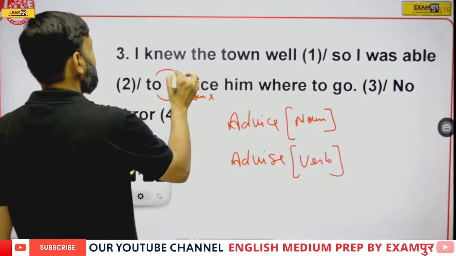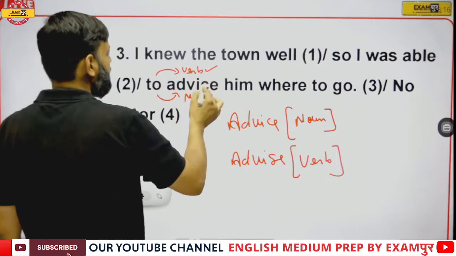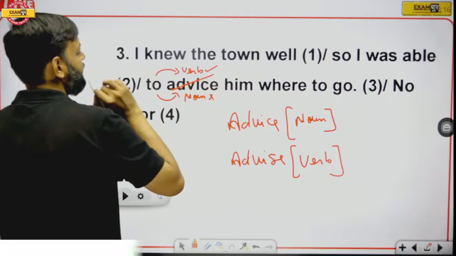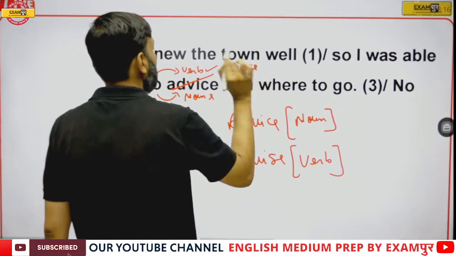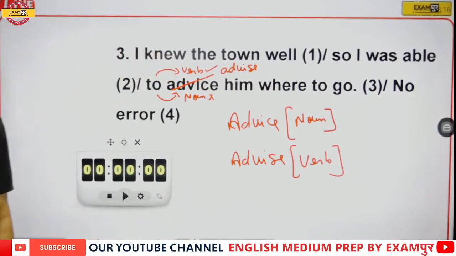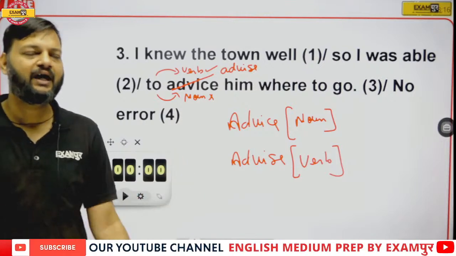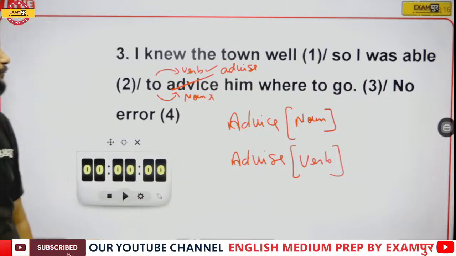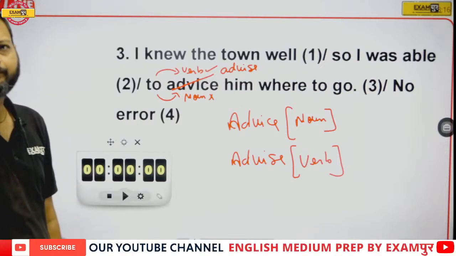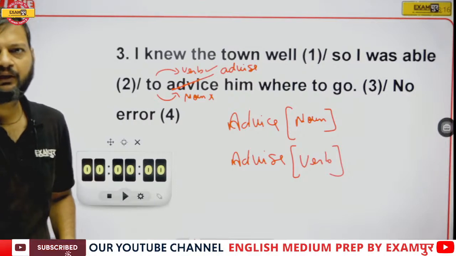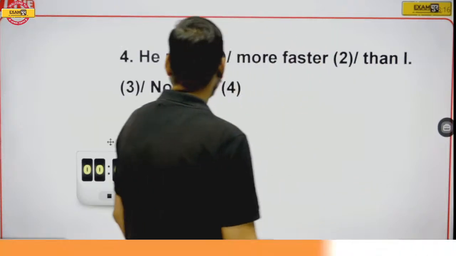To is followed by a verb. So here the spelling of advice will be replaced by advise, ADVISE. I knew the town well, so I was able to advise him where to go. Clear? Okay, wonderful.